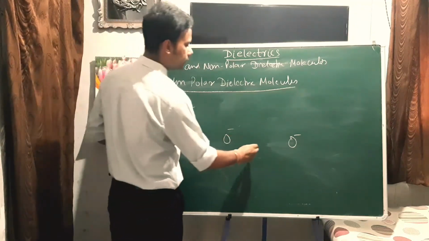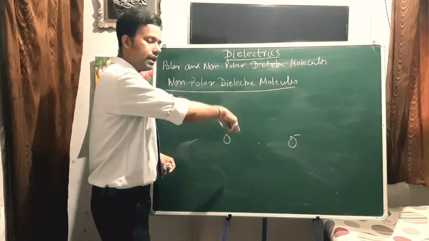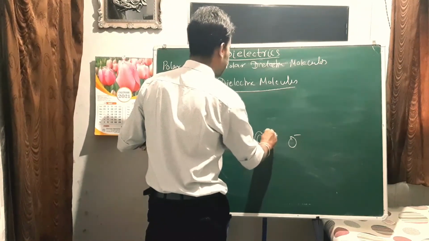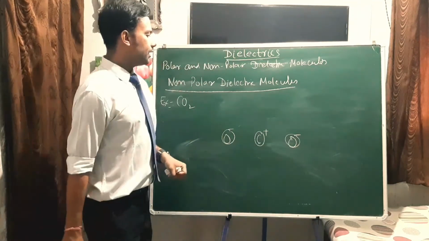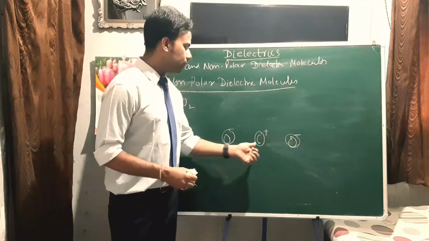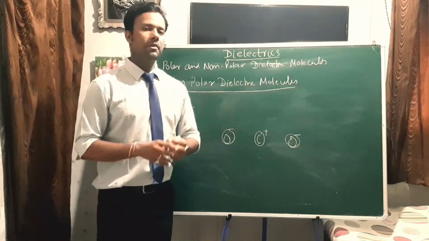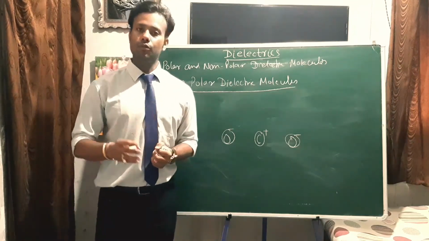It will be here, right? Now, here the carbon atom resides. So you can see that the center of gravity of the positive charge and the negative charge overlap each other, and that is why there will be no finite electrical dipole moment.